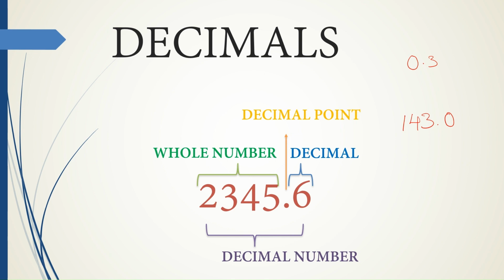When the whole number part is missing, keep 0 in the whole number's place for a decimal number. So it has to be 0.3 or 143.0 to consider the number as a decimal number. The decimal point has to be there, and both parts, that is the whole number part and the decimal part, should also be written.